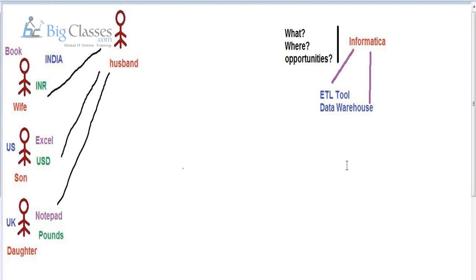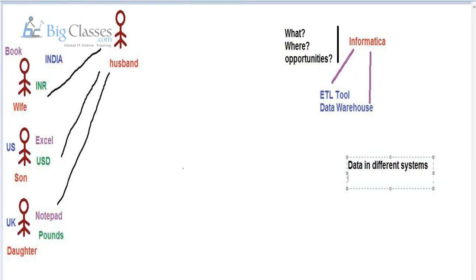The problem is data in different systems. Different systems in the sense, what I mean to say is a normal notebook. Some part of the data is there in a notebook, some part is there in an Excel document, and some part is there in notepad. That is the first problem.